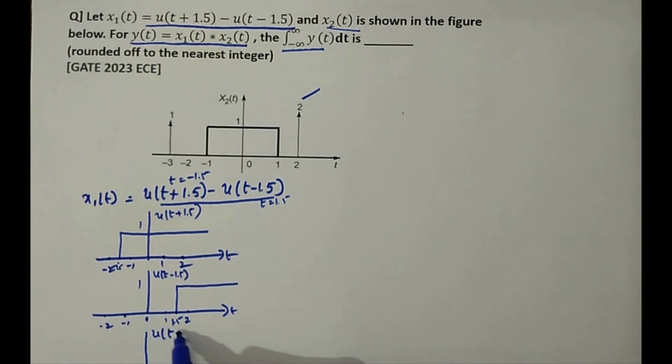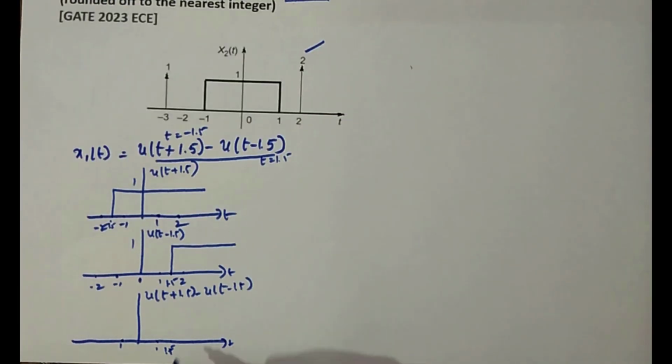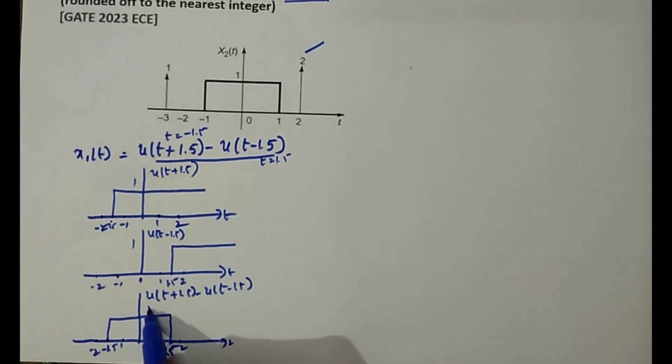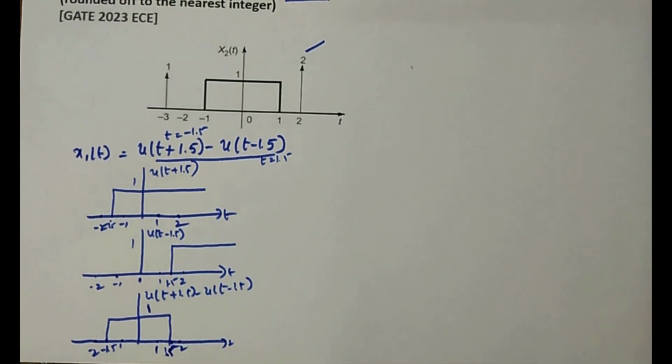This is u of t plus 1.5 minus u of t minus 1.5. This is 1 and this is 1.5, and this is 2. And this is 1 and this is 2 and this is minus 1.5. So the signal is like this. So that is x1 of t.